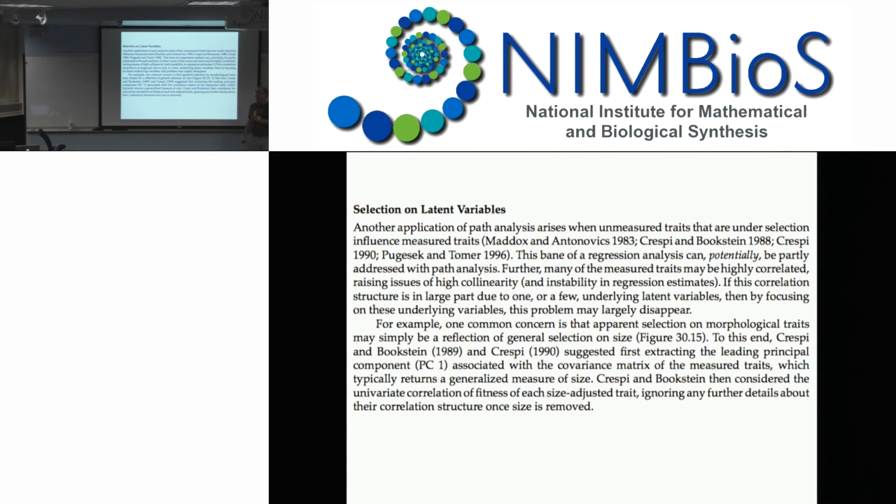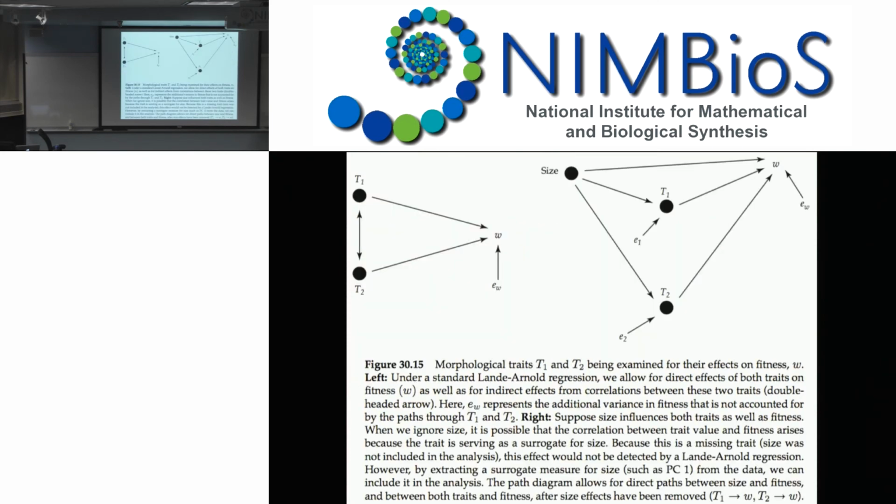Another application of path analysis is latent variables. What's a way to get around these missing character problems? Suppose I've got several things I measure, and all those are correlated with the trait, where the trait is correlated with fitness, but the things I measure are not correlated with fitness. A good example is measuring several morphological characters. They're all correlated with size, and size is what determines fitness. In a Landy-Arnold model, I'm assuming correlations between these traits that influence fitness.